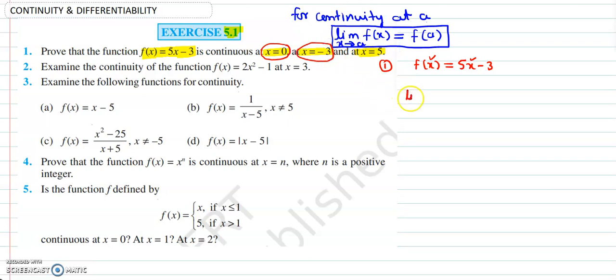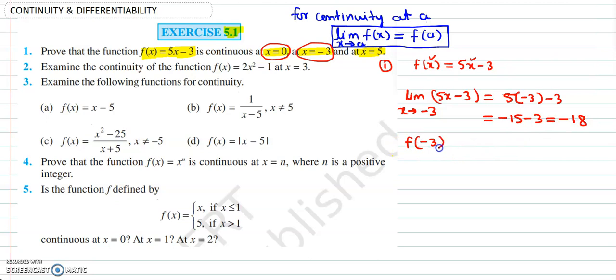For this, again limit x approaching -3 of the function 5x minus 3 will be equals to 5 into -3 minus 3. It will come out -15 minus 3, that is -18, and function's value at x equals to -3.